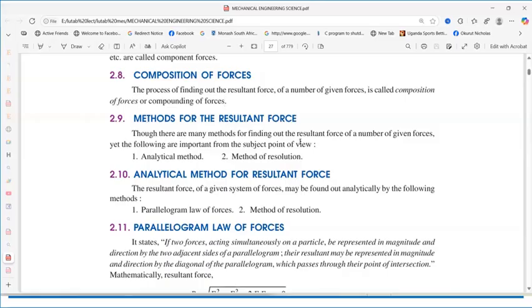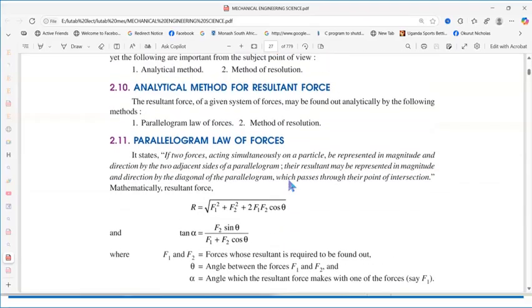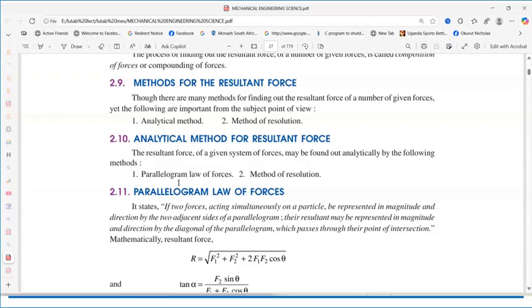Methods for resultant force: we have an analytical method where we do calculations, using a formula. Then there is the method of resolution, where you resolve forces vertically and horizontally. Then we look at the parallelogram law of forces. So under analytical method, we use the parallelogram law of forces, and somewhere, we also use the method of resolution.